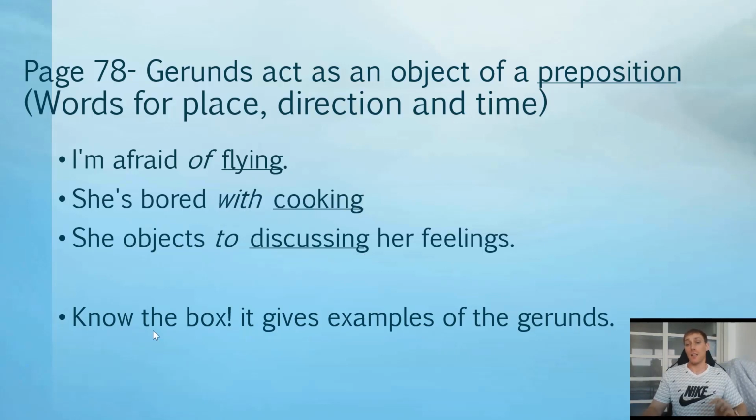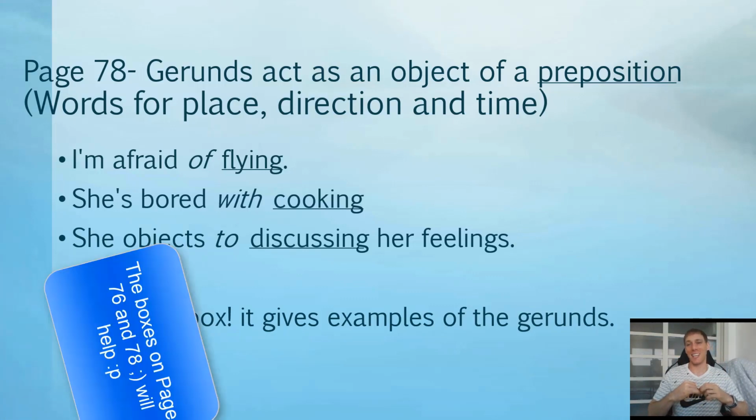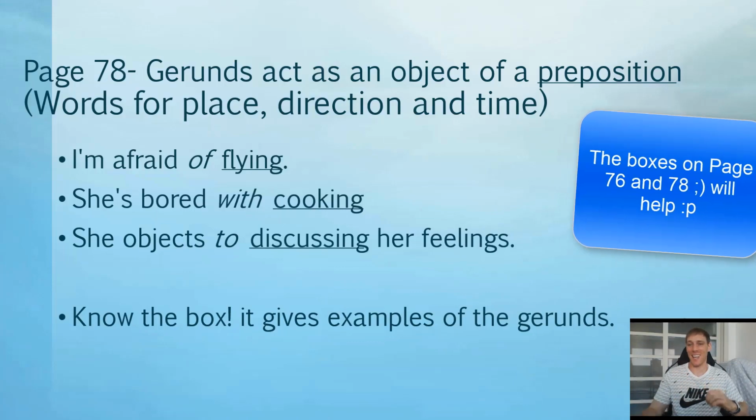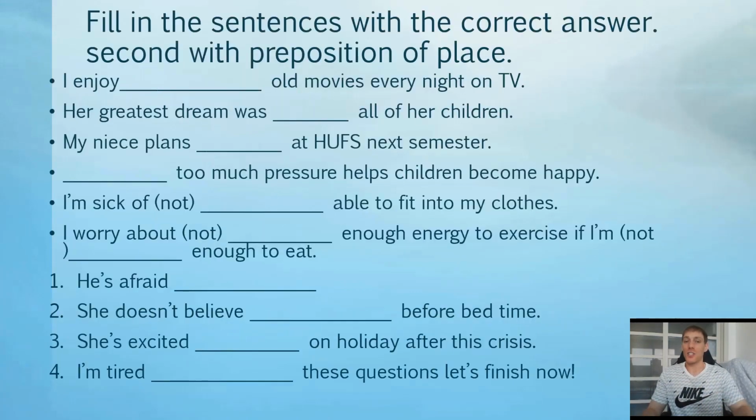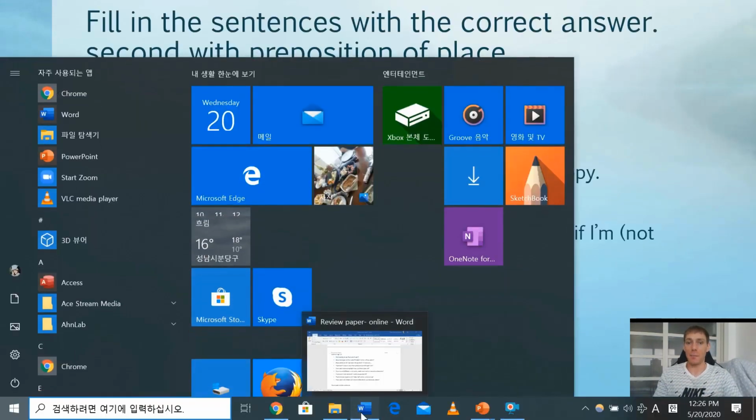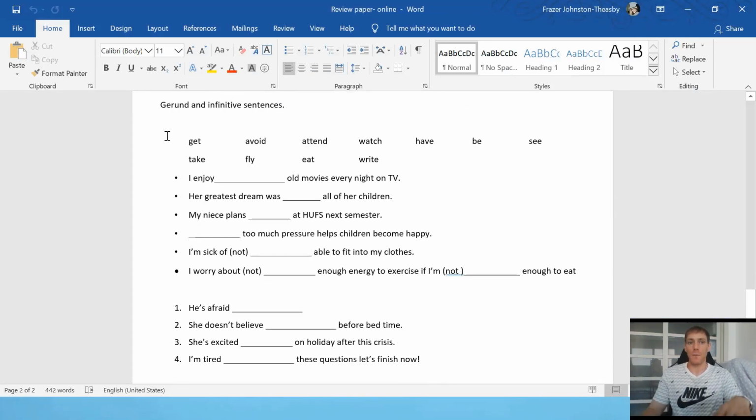On page 78, there's another box. If you remember the box, or you look at the box, it's going to be perfect, okay? So that's what I want you to do. I want you to look at the box, do your best, okay? And then just try to mark it down. On your worksheet, I've put in a very simple pattern. Here there's a list of words and verbs that you need to use to either make a gerund or an infinitive.